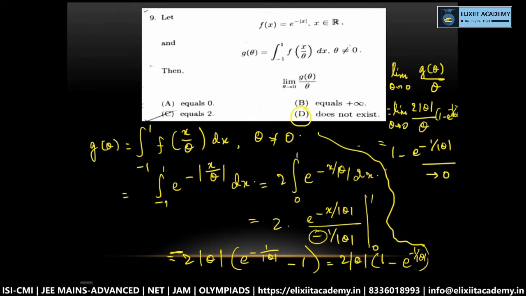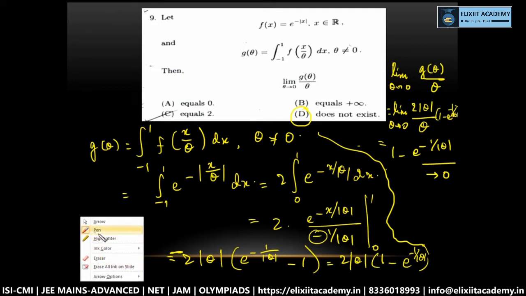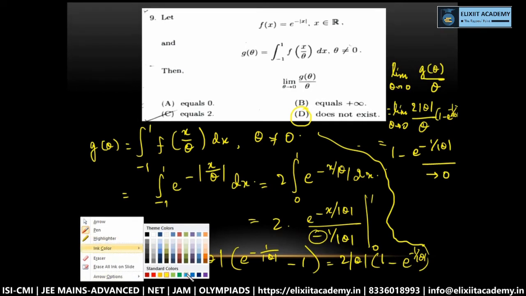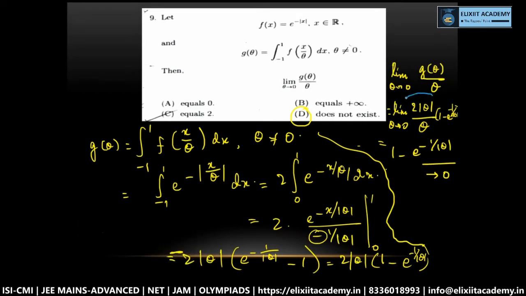So which term will create the problem? This term, 2 mod theta divided by theta. Check the left hand limit and the right hand limit. Obviously, you can see that this will have 2 different limits.